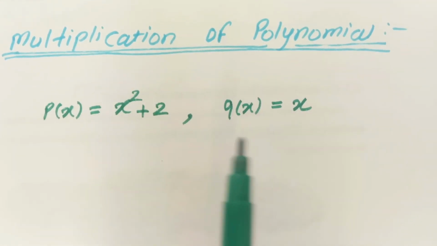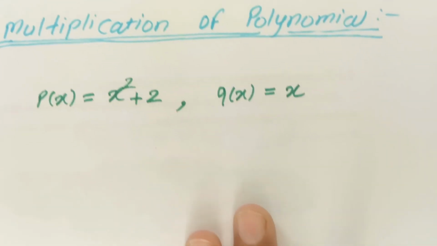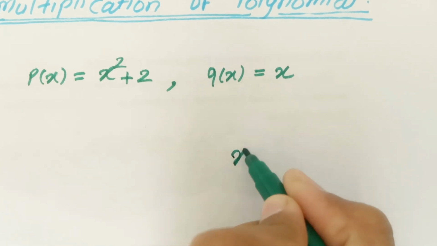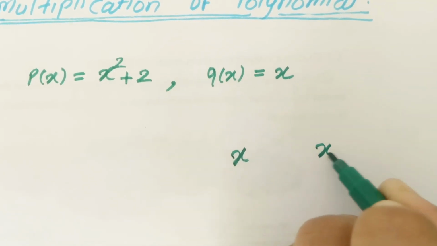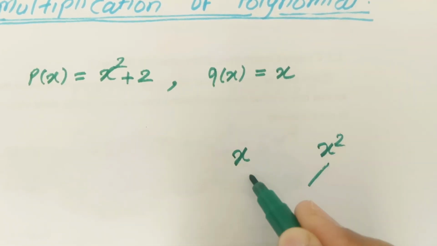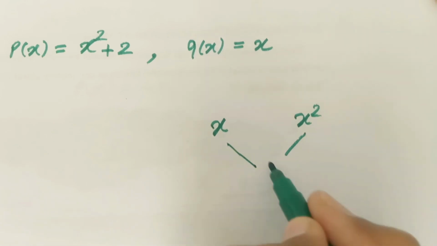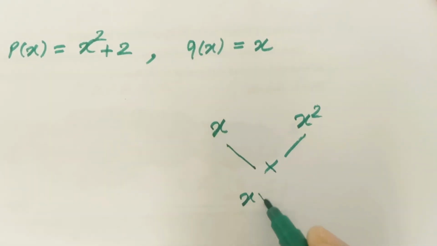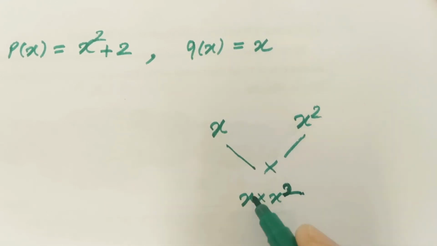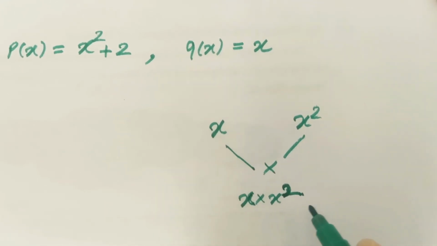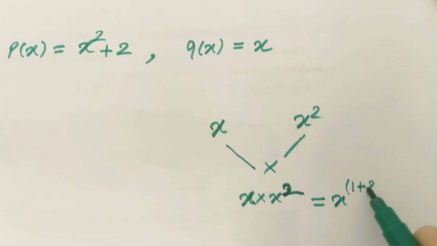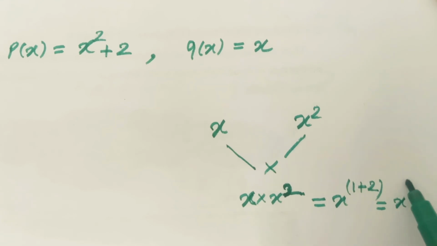To take the product of these two polynomials, before that we see some basic rules. If we are multiplying x into x square, here x is the variable, so we use the indices formula: x raised to the power 1 plus 2, which equals x raised to the power 3.